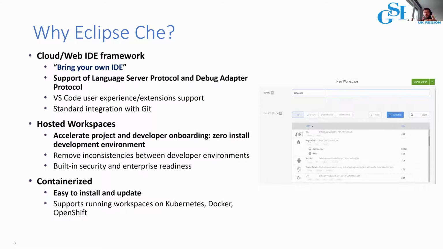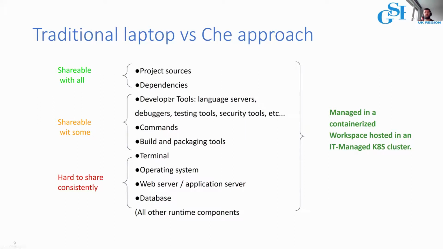Sharing of the workspaces also allows removing inconsistencies between developers' environments. So the situation when a developer is saying it's working on my machine, but I'm not sure why it's not working on his machine, is something that really cannot happen in this environment. In the traditional approach, it's hard to share and secure your development environment, but to make it possible, Che is bringing a new way of coding, and it's getting inspiration from infrastructure as code.